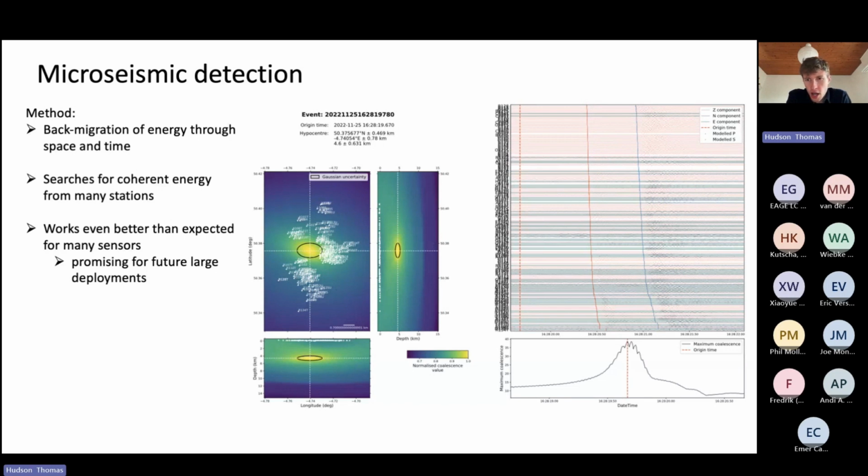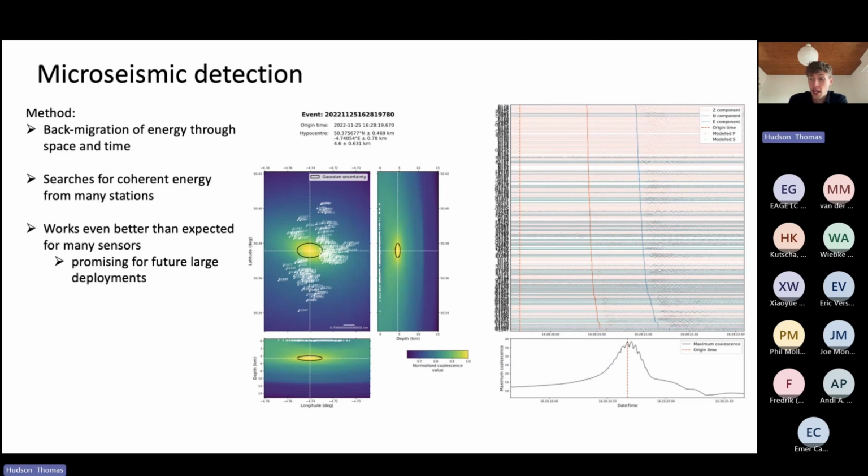So what we can do is use these nodes as a network for microseismic detection. And so I typically use an algorithm that does a back migration of energy through space and time. And effectively, this is a really powerful technique if you have many sensors, because if you have an earthquake, you should have coherent energy coming from a specific location, and that coherent energy should be able to be back migrated from the receivers to the source.